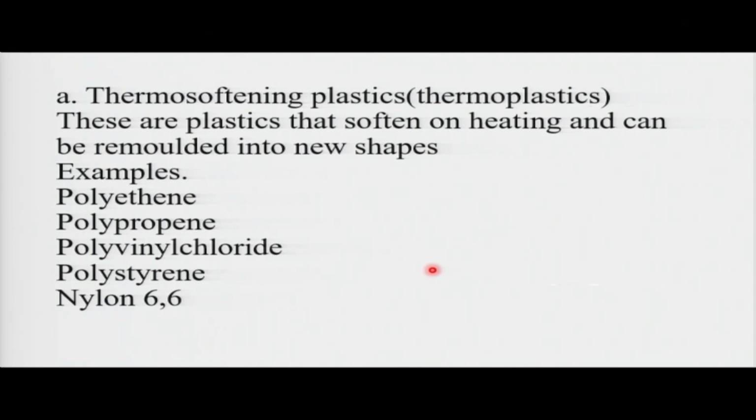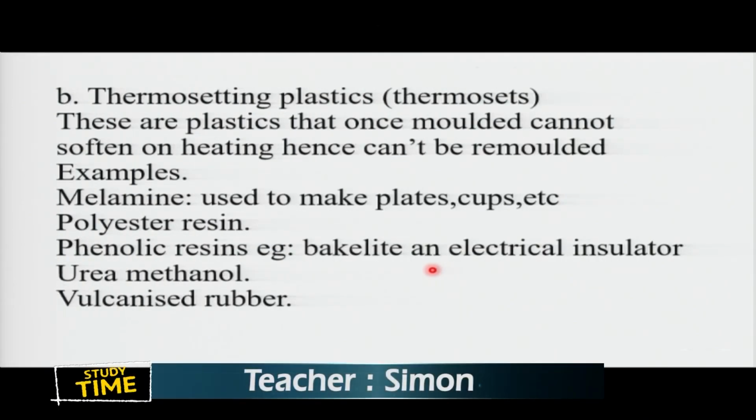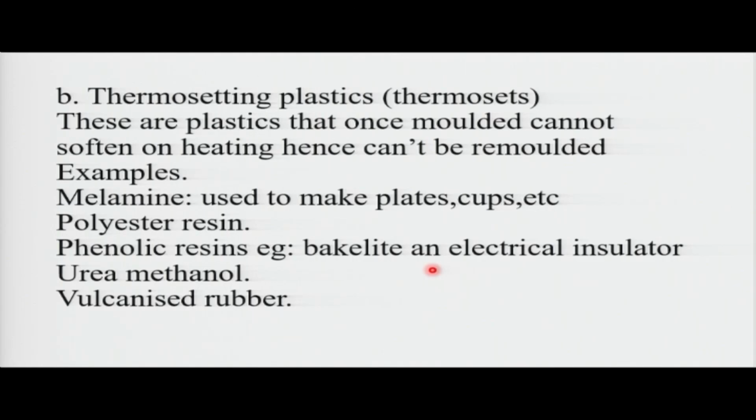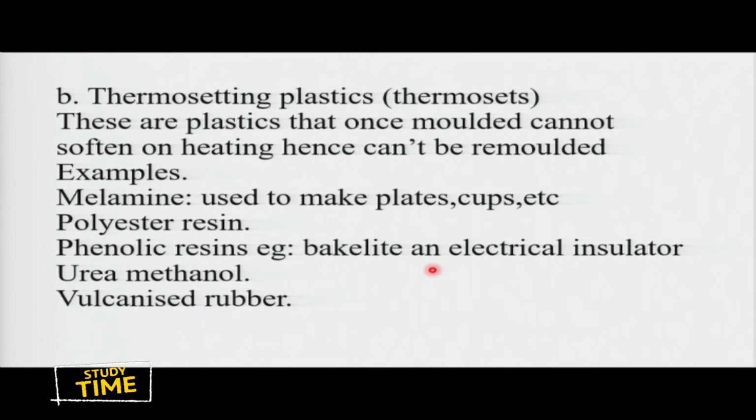Then we can also revise thermosetting plastics, which we call the thermosets. These are plastics that once molded cannot soften. Or we can simply say, as I said last time, these are plastics which do not soften on heating, to create a clear difference between thermosets and thermosofts. Examples of some of these polymers, we have melamine.